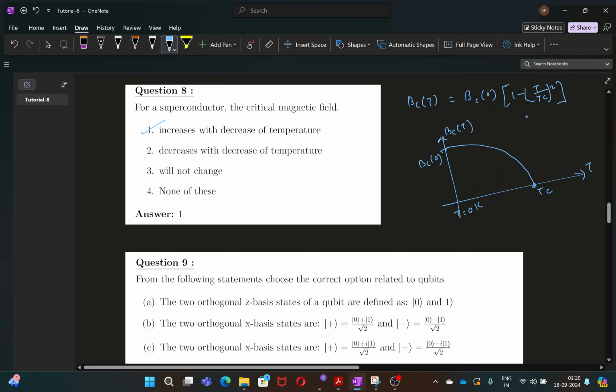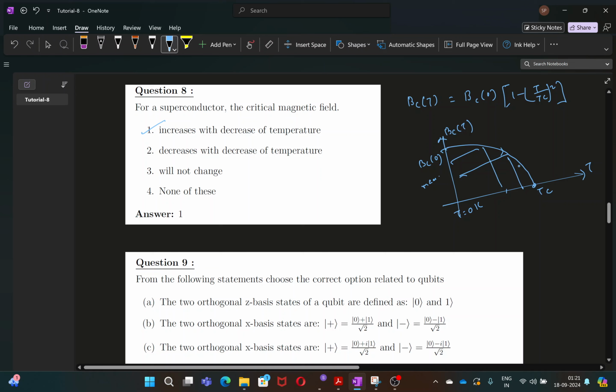And then as temperature increases, this second term increases, so 1 minus this T term will be decreasing, and that is why BC will be decreasing. So you see that at T equal to 0, BC0 is the highest or maximum. But as you increase the temperature, you can see that according to the graph the BC value is decreasing.